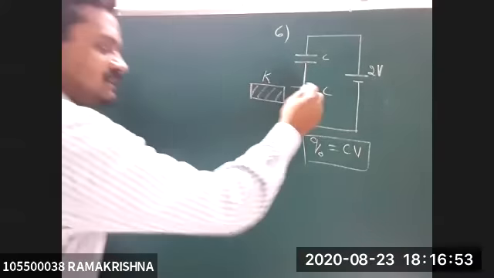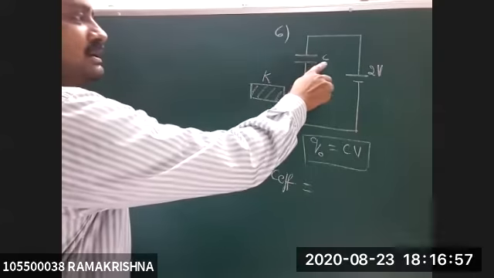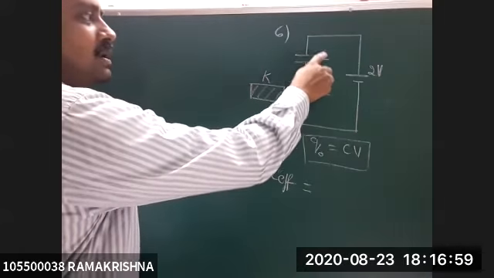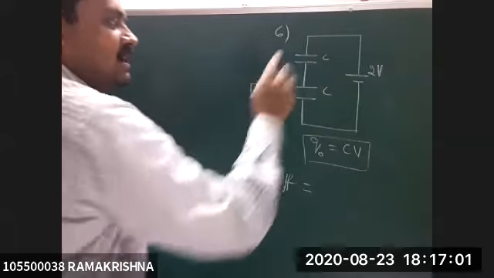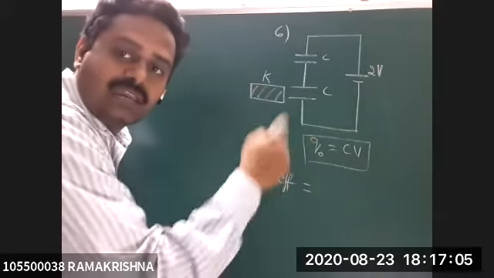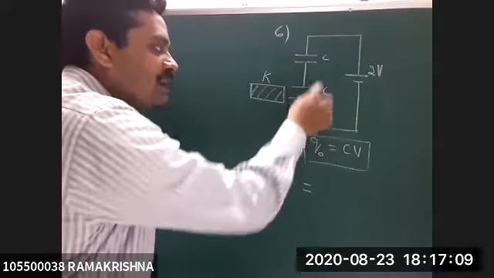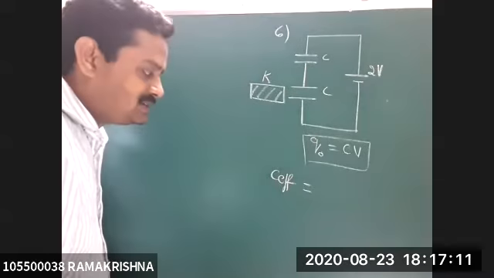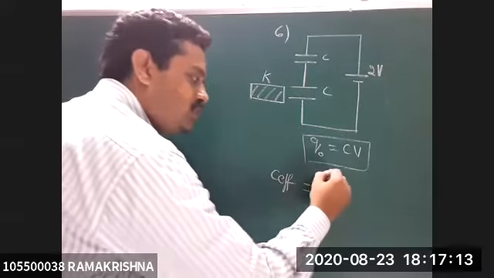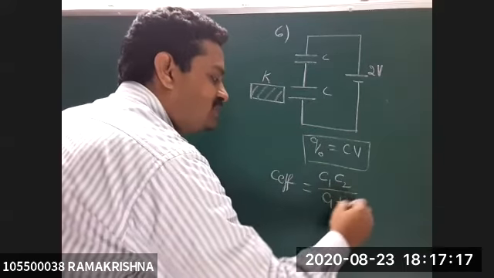After introduction of the slab, what is the value of C effective? The capacitance of the air-filled capacitor is C. After introduction of the slab, its capacitance becomes K times C. And these two capacitors are in series, so effective capacitance is C1 C2 divided by C1 plus C2.